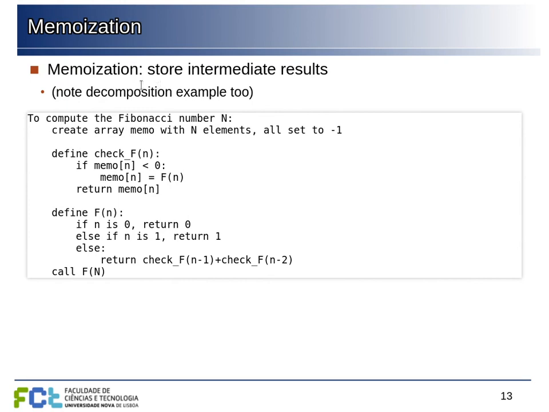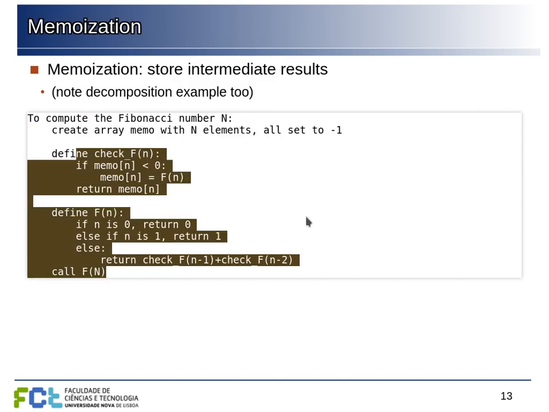So let's look at the algorithm for using memoization. The idea here is that we're going to store intermediate results and reuse them whenever we need. One side note, I'm going to implement this algorithm by decomposing into several parts.